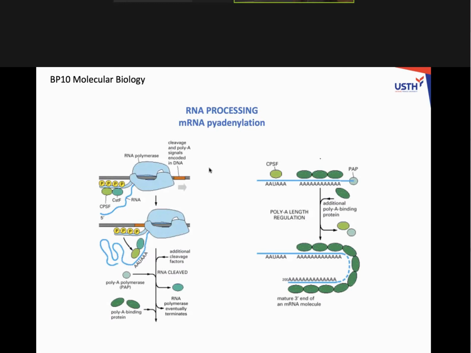I'm going to talk about that just after. The C-terminal tail of the polymerase carries the splicing and the polyadenylation factors that we just saw in the slide before. Once the RNA has stopped being transcribed, you have these polyadenylation factors that are going to act.